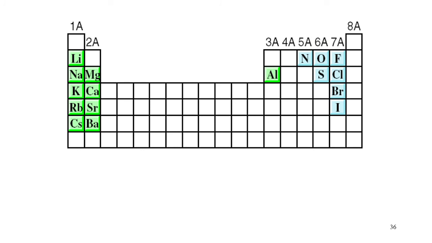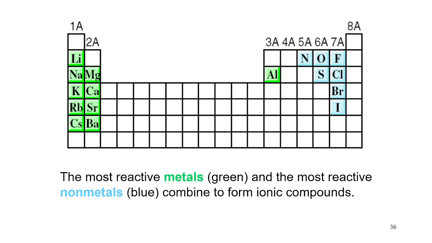So, if we are to look at this, this is just another representation of all we have discussed earlier. So we have here in 1A and 2A the most reactive metals, and actually meron din tayo sa 3A, which is aluminum. And for the 5A to 6A to 7A, we have here the most reactive nonmetals to form ionic compounds.